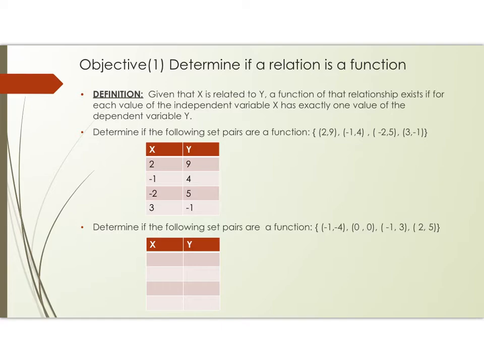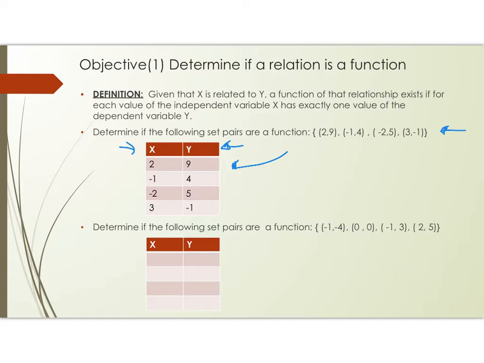So here we have it, a set of (2, 9), (-1, 4), (-2, 5), (3, -1). We will put that into a table to see if, for each value of x, there is exactly one value of y.